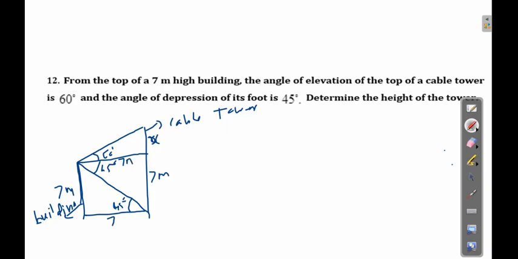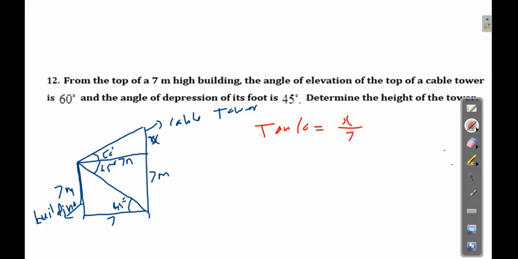Right. Now what we need to do, we'll go with tan 60. So let's see what we get here. Tan 60 will be opposite upon adjacent, means x upon 7.